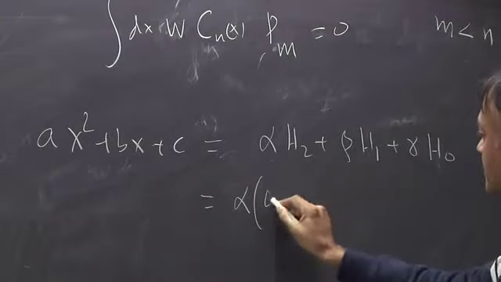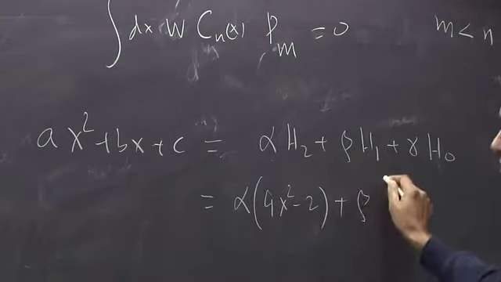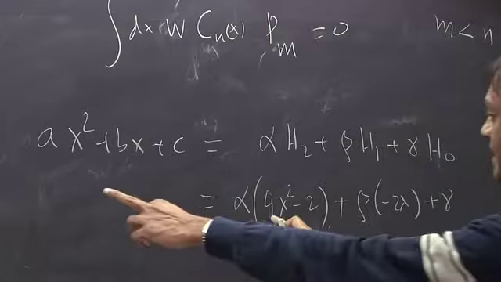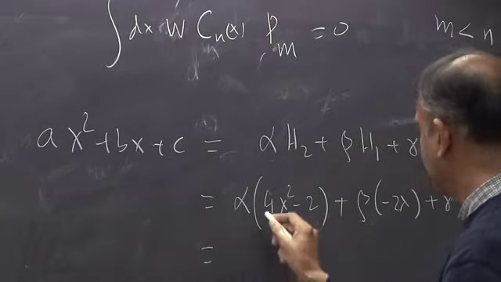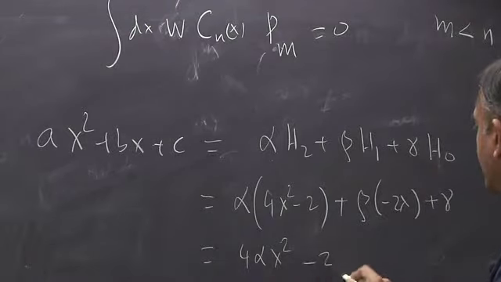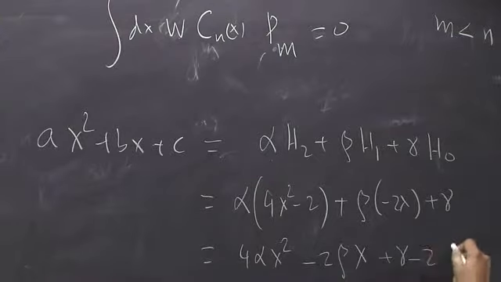H2 we have already written here, so this becomes alpha times 4x square minus 2, plus beta times minus 2x, plus gamma times 1. This is the same as 4 alpha x square minus 2 beta x plus gamma minus 2 alpha.